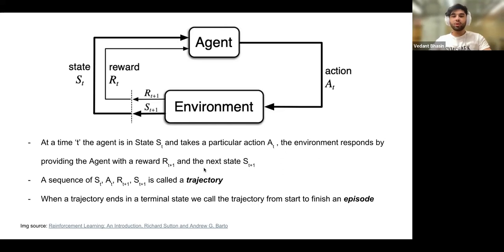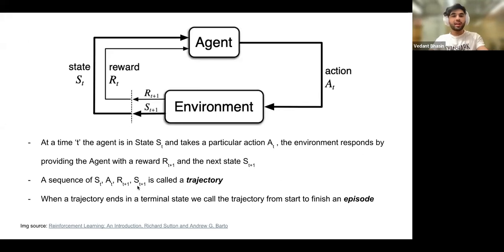So to introduce some terminology here, you can think of a trajectory as almost like a tuple or a list, which consists of the current state, the action taken at that current time step, the reward observed from taking that action at that state, and then the next state, which is a result of taking that particular action. This is pretty intuitive and easy to understand.